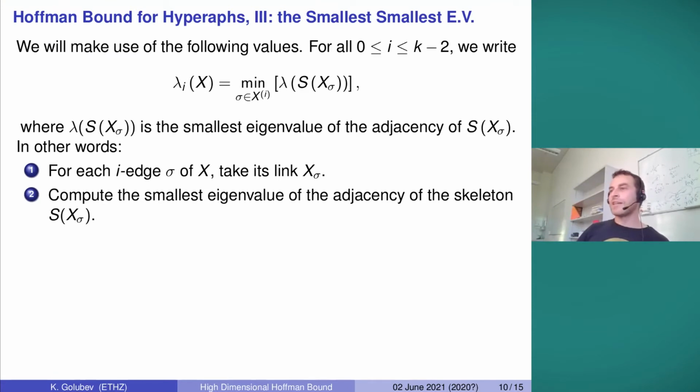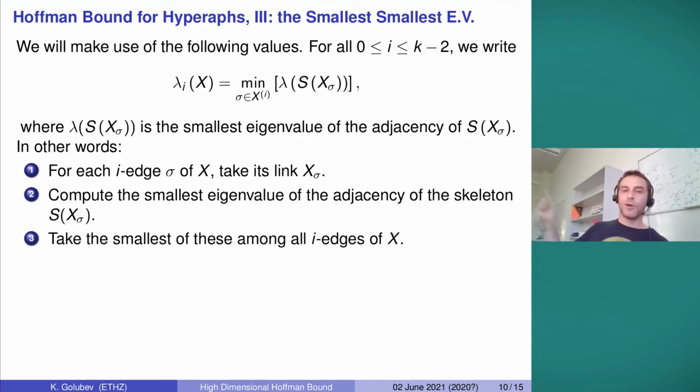You compute its smallest eigenvalue, and then you take the smallest among all smallest eigenvalues for links of I edges for a fixed I. For example, lambda 0 is the link of the empty cell, which is the whole hypergraph. So lambda 0 would be just the smallest eigenvalue of the whole hypergraph. Then lambda 1 would be the smallest eigenvalues for the link of every vertex, and so on.